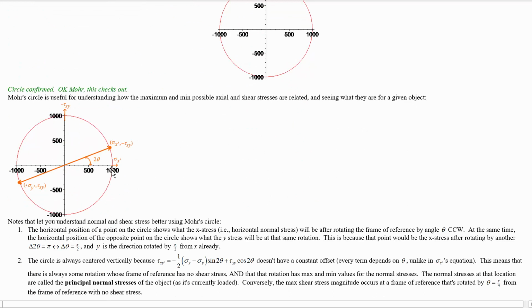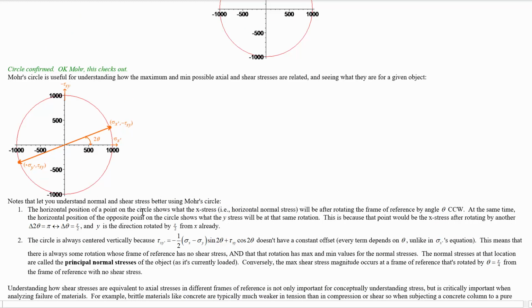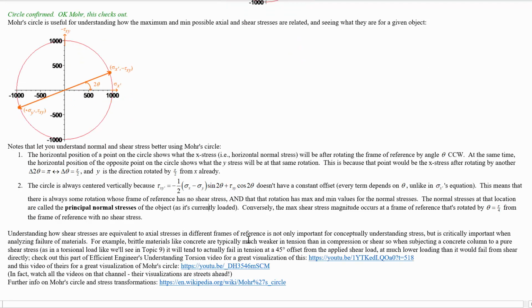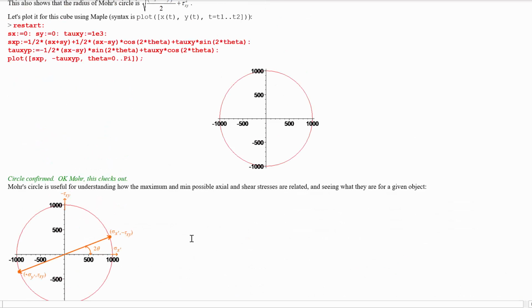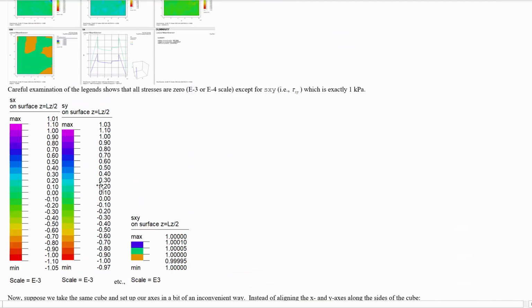If you end up with a rotation where you look at it from a perspective with no shear stress, you'll always have the extreme values that you could have for the axial stresses at that same orientation. So these principal normal stresses of the object, for the particular loading of that object, occur when there's no shear stress.